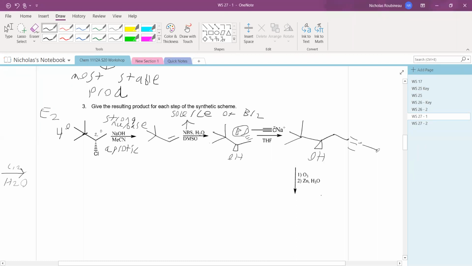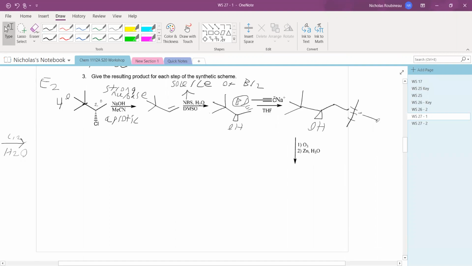We have ozone and then zinc and acid. It cleaves the bond. So we can draw a line through the triple bonds to help us see what we're doing. What kinds of products are we going to get when we cleave this? The alcohol's still here.